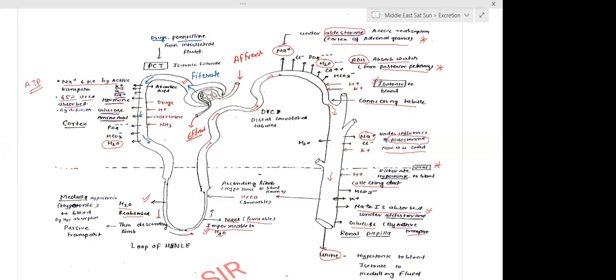ADH is secreted from the posterior pituitary. It makes blood isotonic to blood plasma.